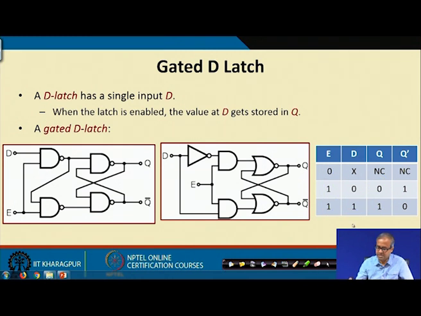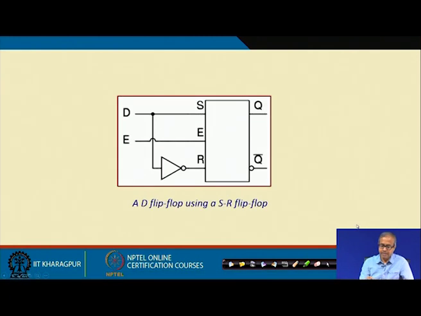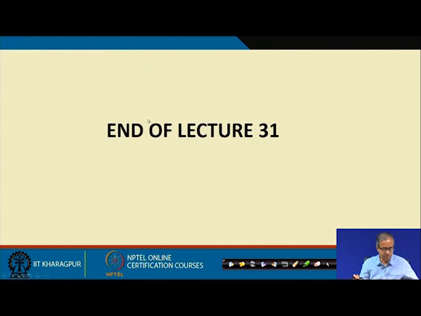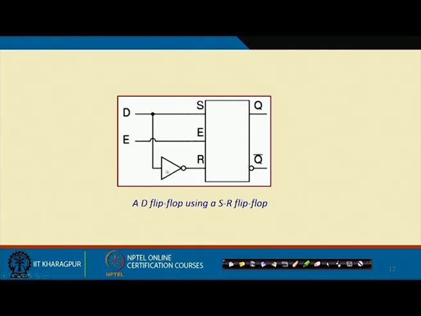This is how a gated D latch works. Just as I mentioned in the diagram, if you have an SR latch available with you, you can construct a D latch just by using a NOT gate. D you apply directly to S, and with a NOT you can apply it to R.